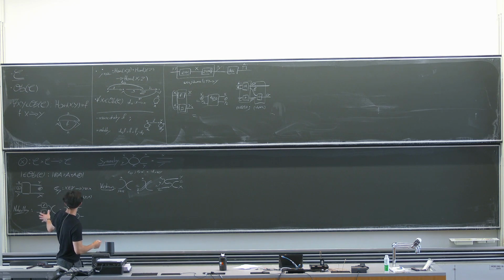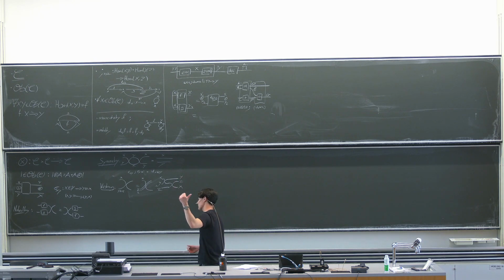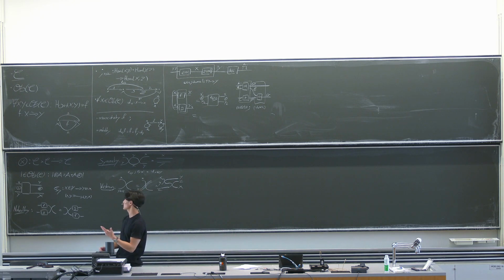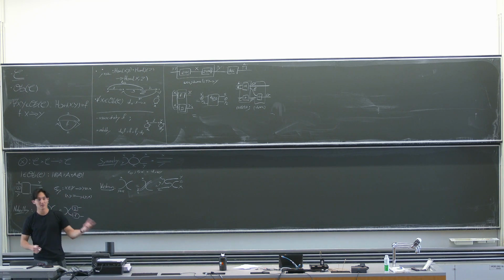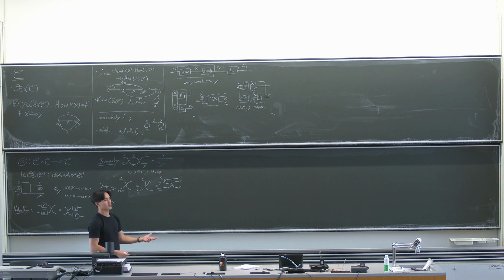So these are three conditions for braiding. What we've constructed so far is a category with a monoidal product, and braiding that has to satisfy these three conditions. And these three things build what we call a symmetric strict monoidal category.